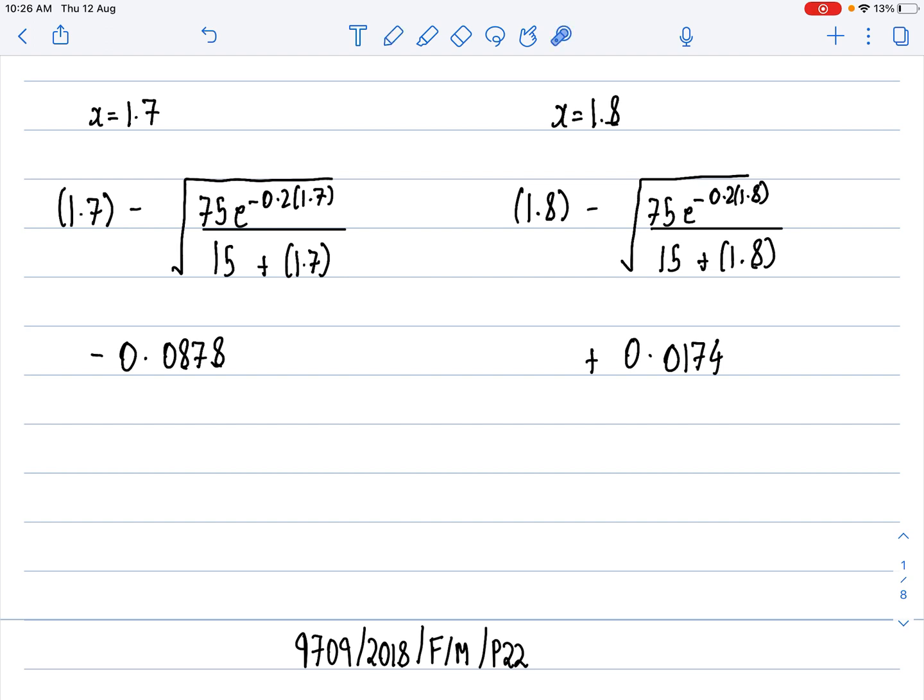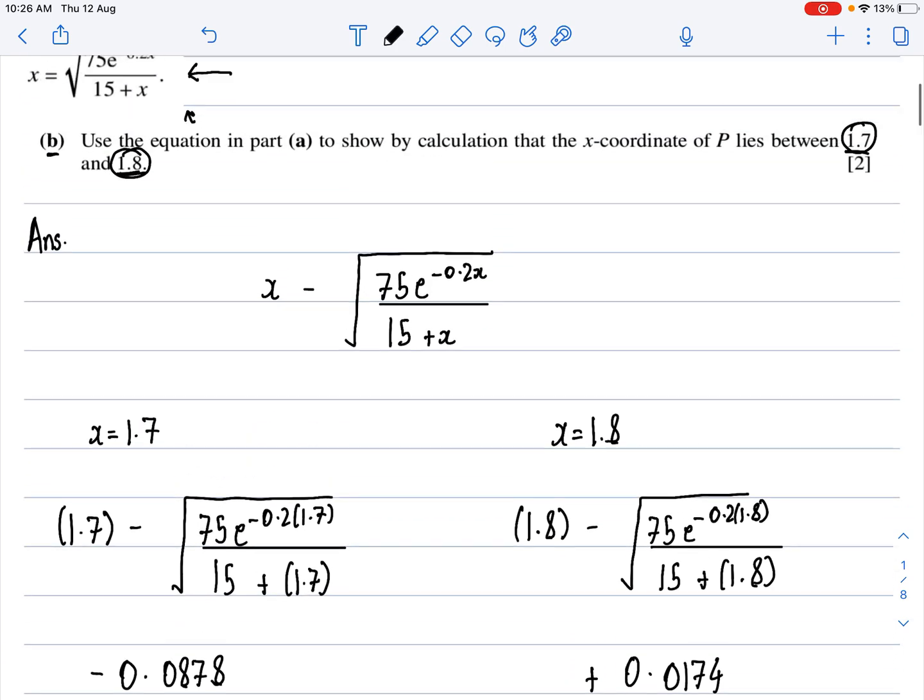Okay, what you'll always get is a change in sign. You'll get a negative here, you'll get a positive here. And you know that in this case, 1.7 and 1.8 are basically your critical values.